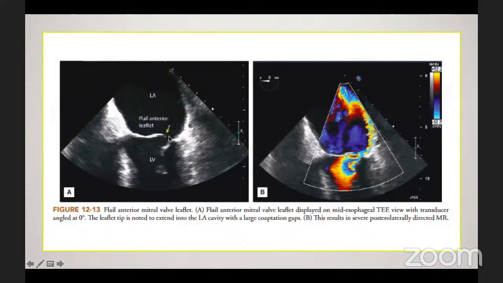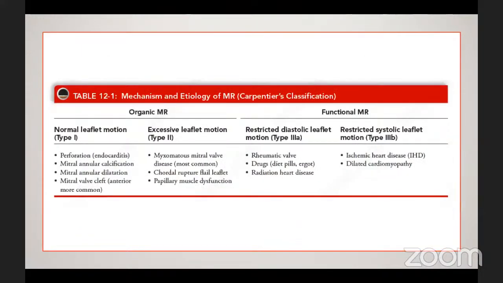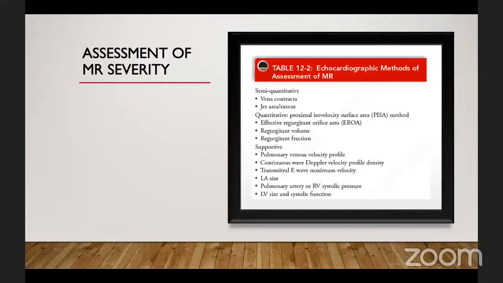We have the quantitative, usually measured with the aid of the PISA, or the proximal isovelocity surface area, a method in the echo we'll speak about in a little bit. And then we have supportive measures that indicate the severity of the regurgitation: pulmonary venous flow velocity, the continuous Doppler velocity profile, the LA size, and the pulmonary artery pressure.